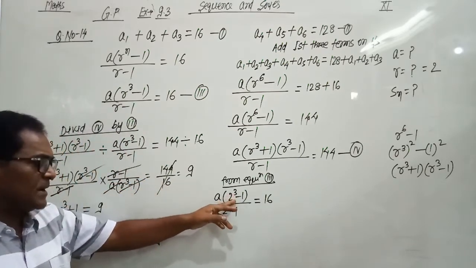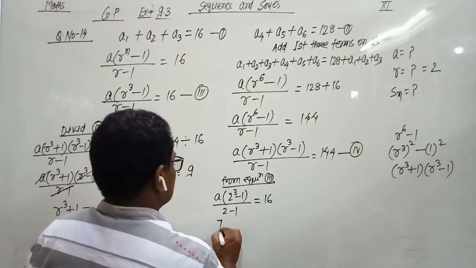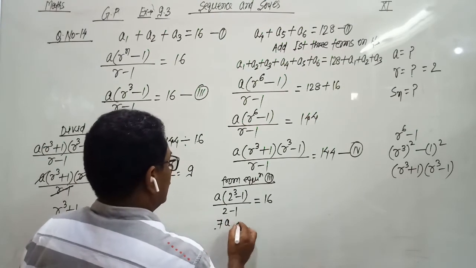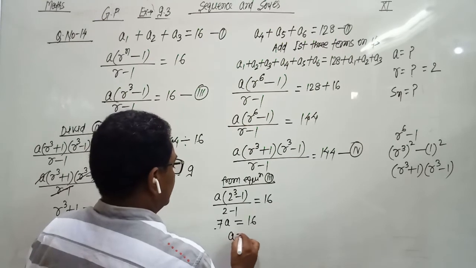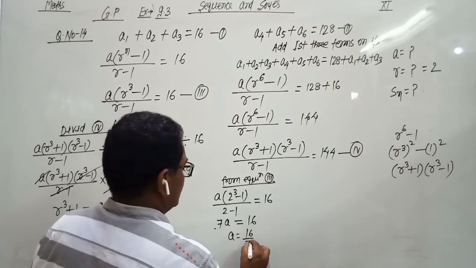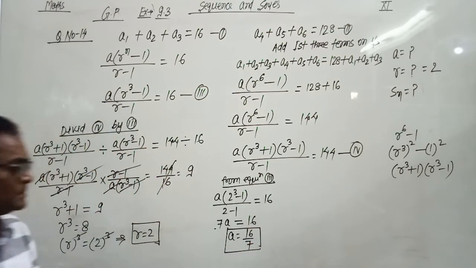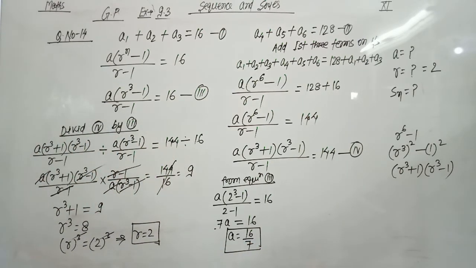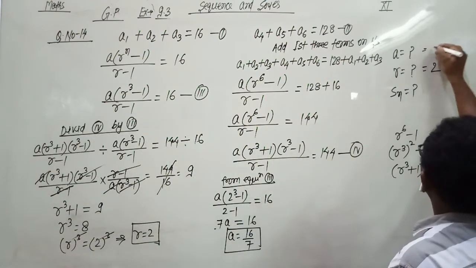And 2 raised to the power 3 means 8, 8 minus 1, 7. So 7A over 2 minus 1, 1, equals 16, and the value of A comes to be 16 by 7.